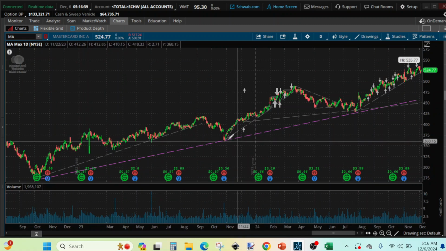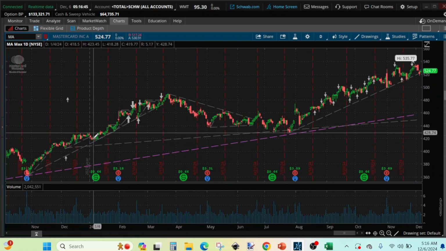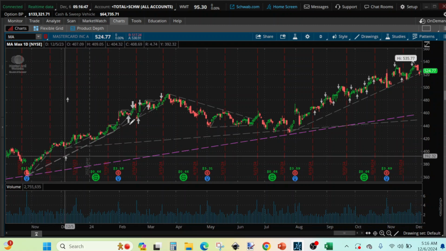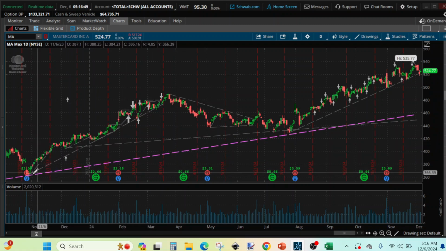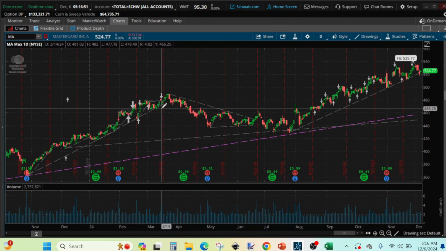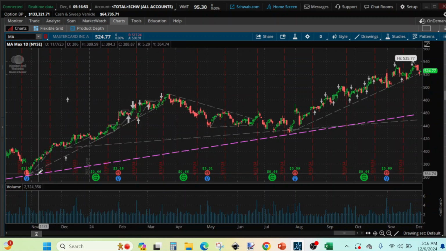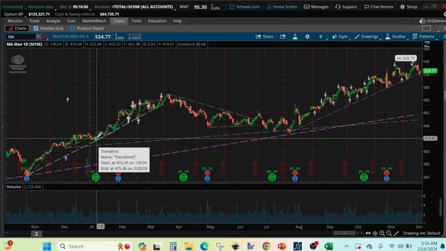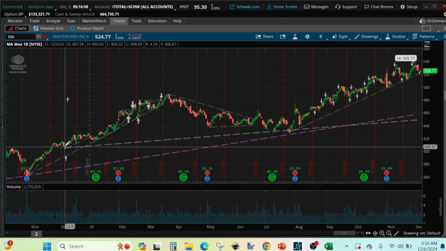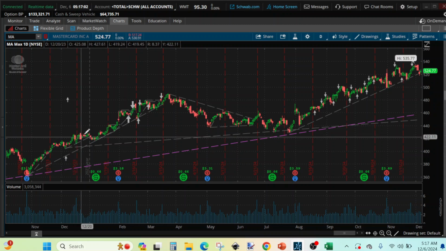If we look here, let's locate December last year. So December last year, it was on this trend line, and on this trend line, this is January here. We have December 5th here.